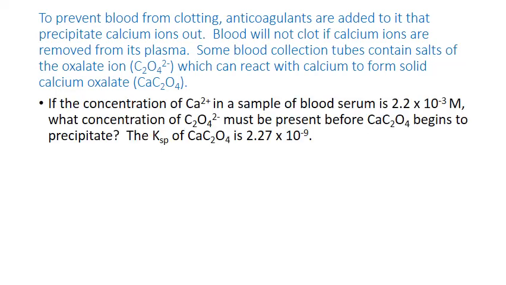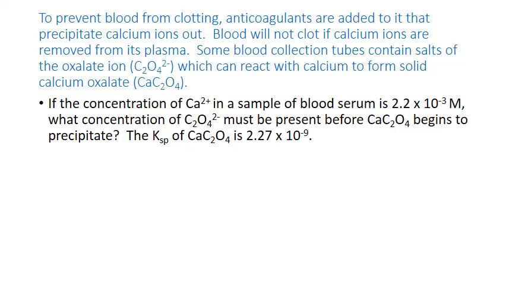And what we'd like to know is if you have a concentration of calcium in blood that's 2.2 times 10 to the negative third moles per liter, then what concentration of oxalate ion must be present in order for calcium oxalate to begin to precipitate?